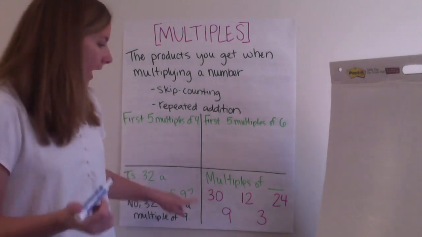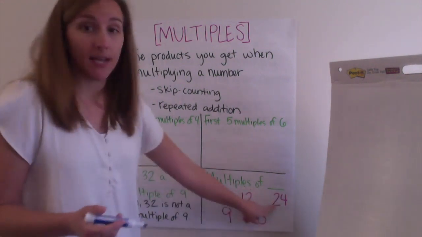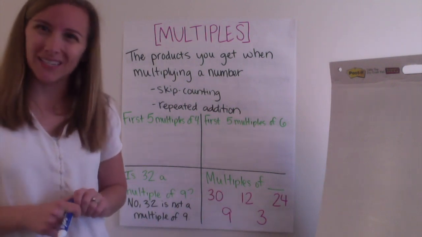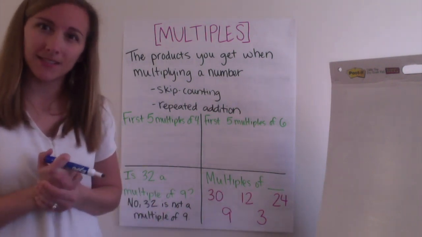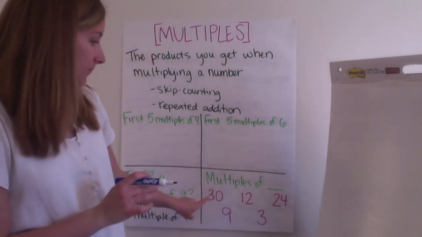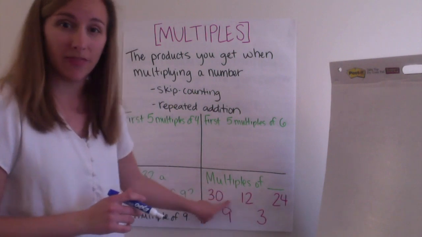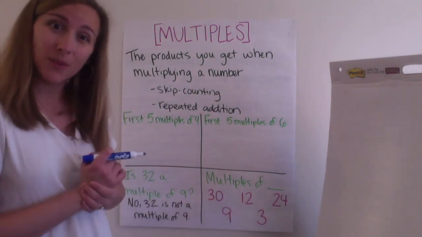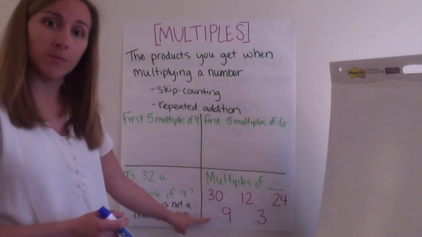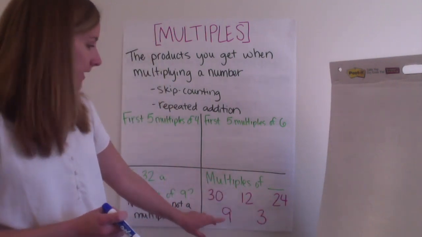I'm wondering, I could get these as a product if I multiplied them by what? They have to be the same. Any guesses? Well, if I'm looking at this top row, there could probably be a couple different answers maybe, but really as I look at all of these, what number would be a multiple of all of these?